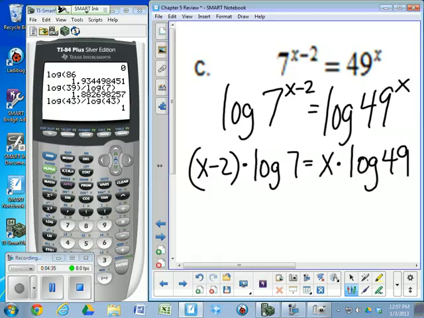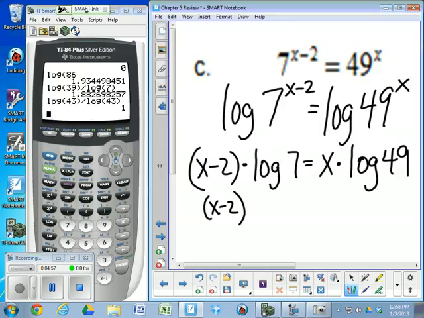At this point, the problem may look more confusing to you, but don't be afraid, because the log of 7 and the log of 49 can just be calculated. You can get the log of 7 and you can get the log of 49 on your calculator. See what they are.